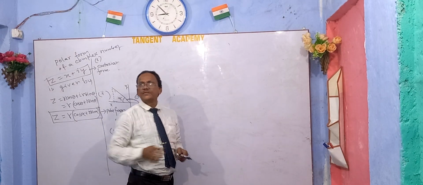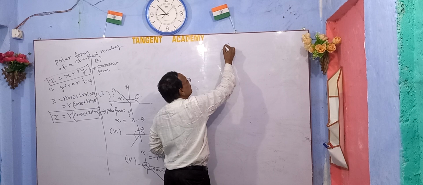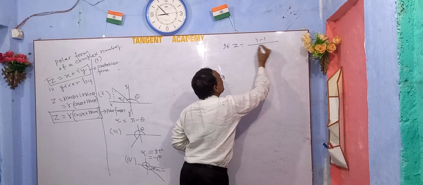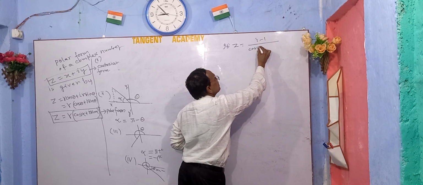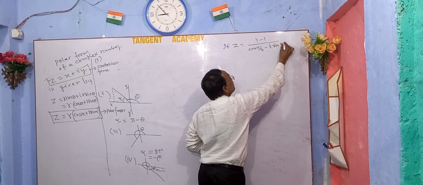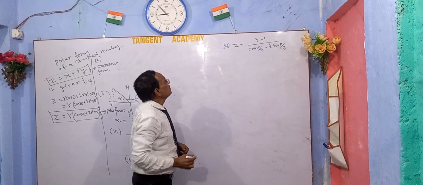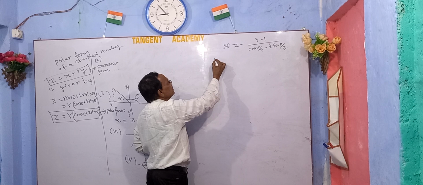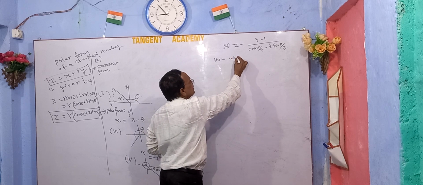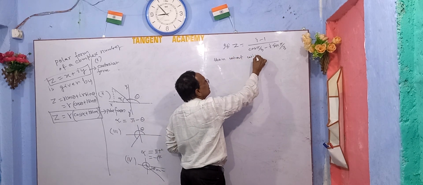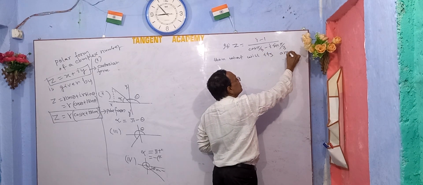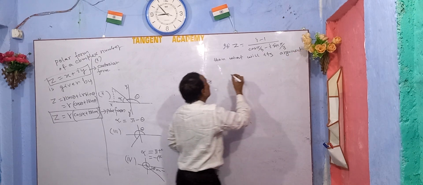Let us take a question. If z is equal to i minus 1 divided by cos pi by 3 minus i sin pi by 3, then what will be its argument and modulus?